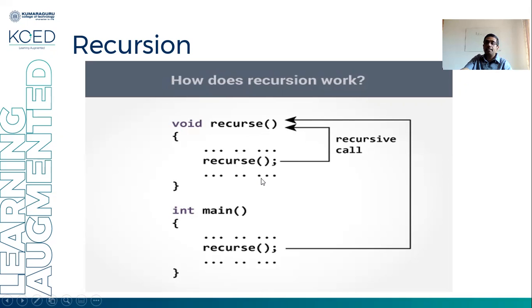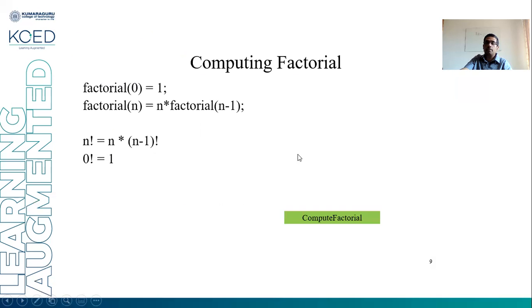Until the exit condition is satisfied. When the exit condition is satisfied, the call will come out from the innermost recursive call to the next outer call, and the next outer call, until the control finally returns to the called function. In this way only, recursion works.